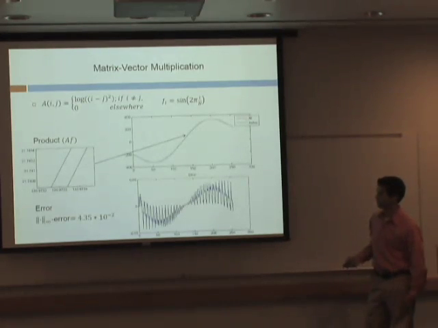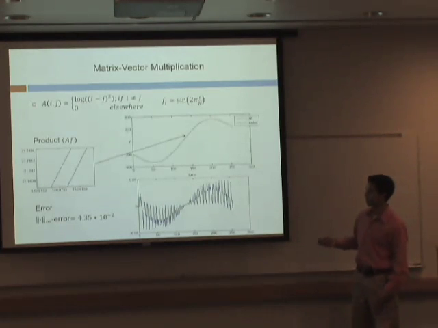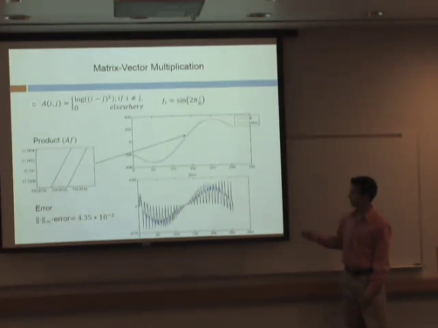In this particular case, with a 10 to the minus 3 threshold, we had a 10 to the minus 2 error. That was pretty good, and the error was plotted like this. The cool thing is we saw our error turn out like this in a lot of cases, where most of the error came at the beginning and the end.